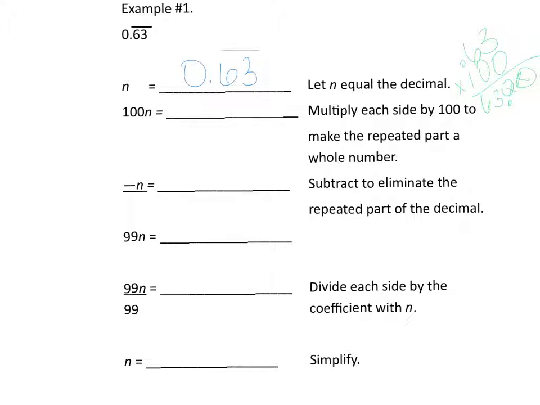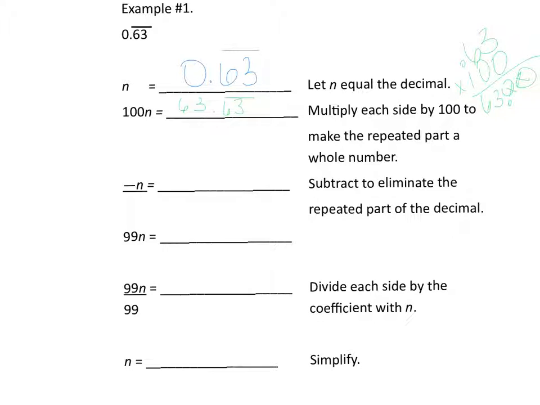So by multiplying by 100, it basically moves the decimal point for us because we live in a base 10 system. So when we multiply 0.63 repeated by 100, we get 63.63 repeated, because we know there's another 63 right after that first one that's written. What we do on the right, we also have to do on the left. So we multiply n by 100.